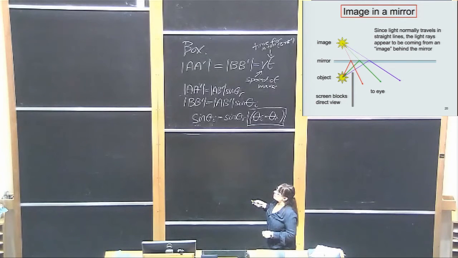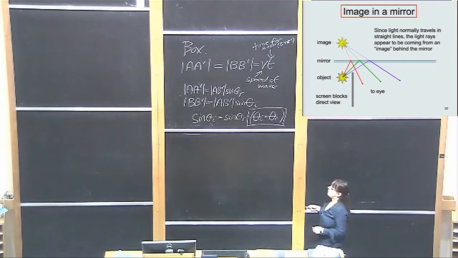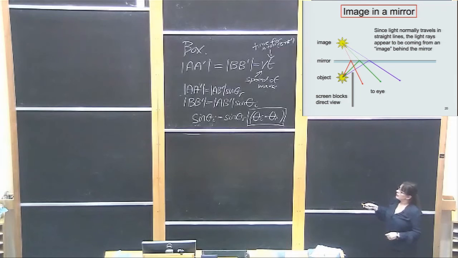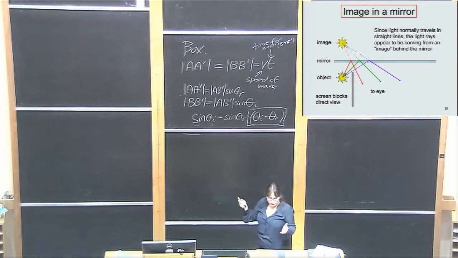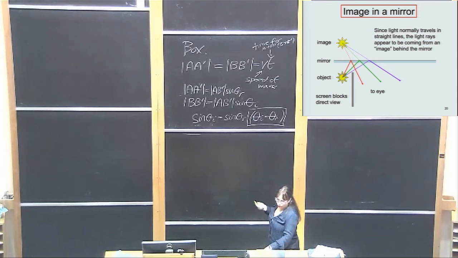So this is your image. It's a virtual image in this case because no light rays really do cross there. It just appears to you as if they have. So you see that image, and it sits, of course, for this flat mirror at the same distance behind the mirror as the object does in front. So that is how a mirror works. Probably you all knew that anyway. And we'll talk a lot more about real and virtual images later on, but it's sometimes good to see this sort of easy example at the start.